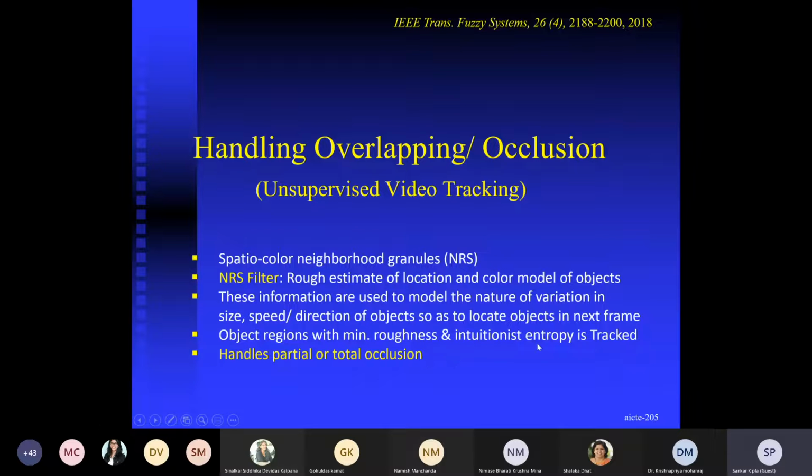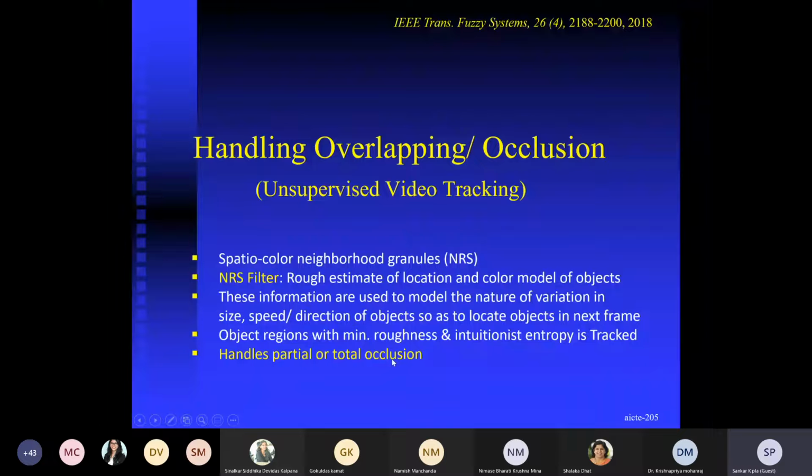Whenever I get the minimum roughness, that means there is no doubt. But wherever my roughness is not minimum as indicated by a threshold, that means some occlusion is there, an occluded region. That means my boundary is wide. So I reduce the boundary again in terms of some intrinsic entropy, which quantifies the amount of occlusion. So that's how I got it.